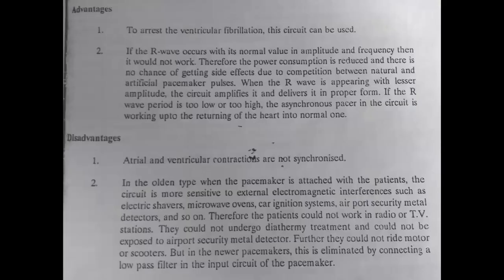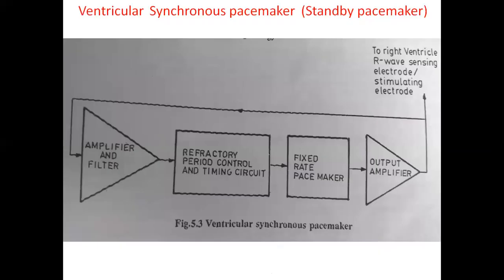In the last class we saw the ventricular synchronous pacemaker, the second one. The ventricular synchronous pacemaker uses a single electrode for sensing and applying the stimulus to the heart.